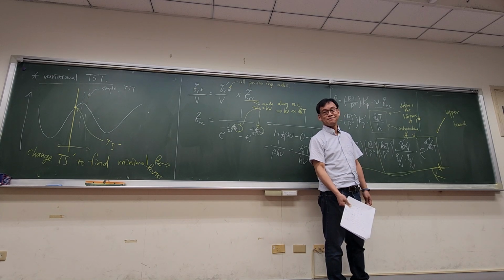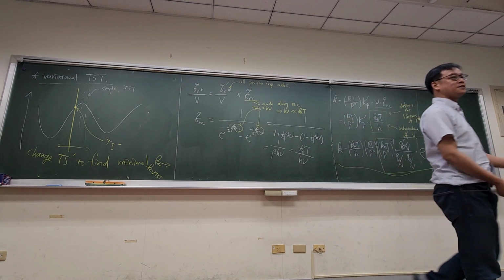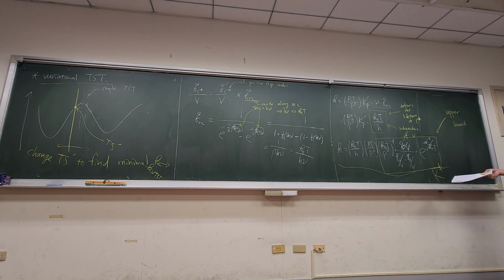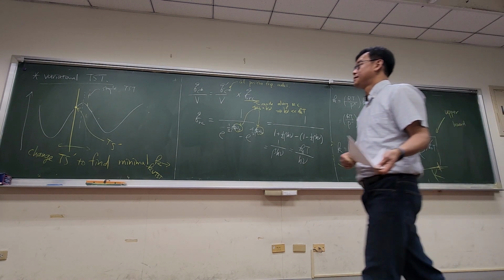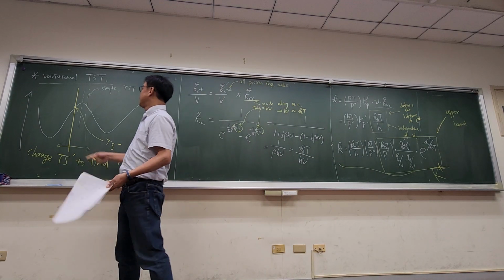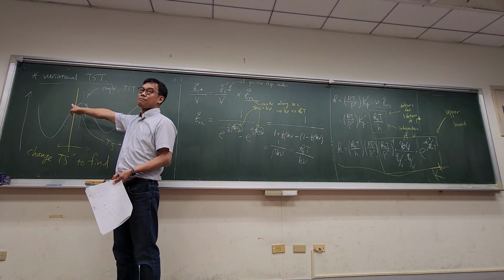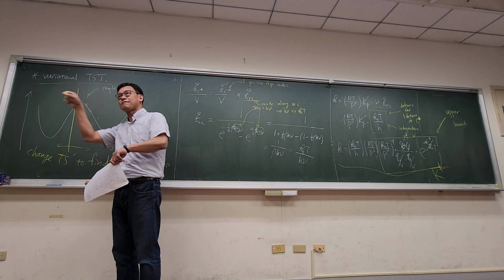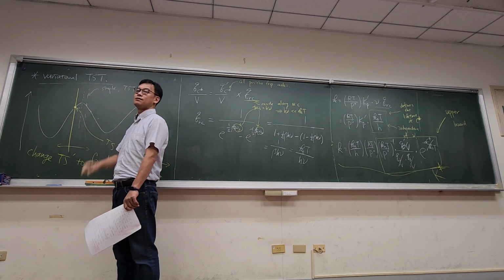Variational. Because this is an upper bound. When you have an upper bound or lower bound, you can do variation. In some reactions, the rate-determining step that defines the transition state is not on the top.